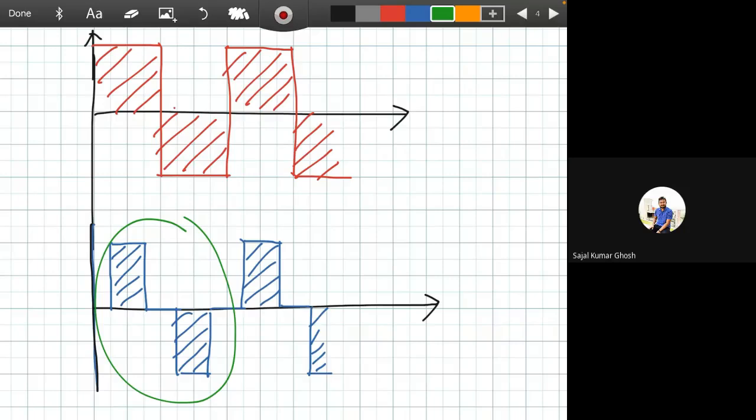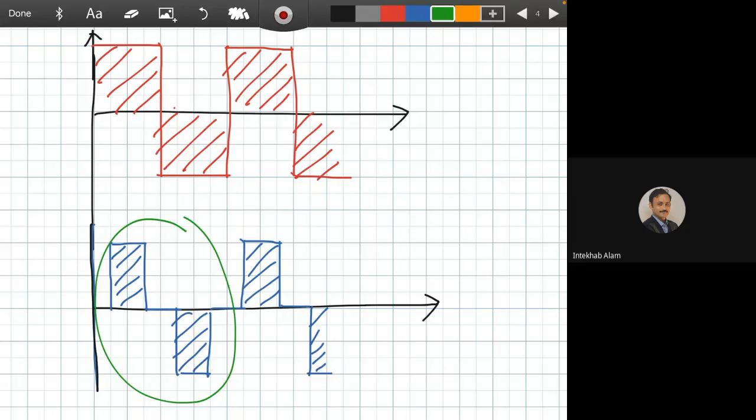Yes, sir. Okay, I'm just sharing my screen, the PC screen where I have actually made the blue one. Okay, you can see this now.